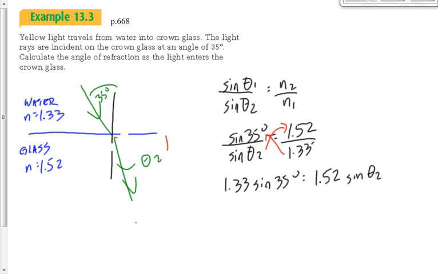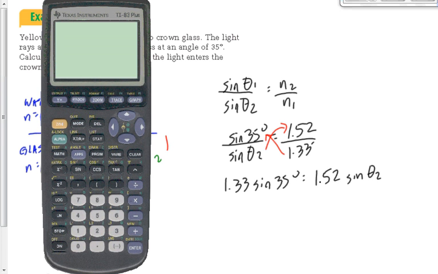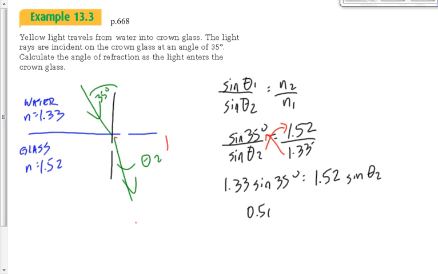Let's do this on the calculator. 1.33 times sine 35. Let's divide that by 1.52. Now, how do we get theta 2 now? 0.5019 equals sine theta 2. How do you get theta 2?